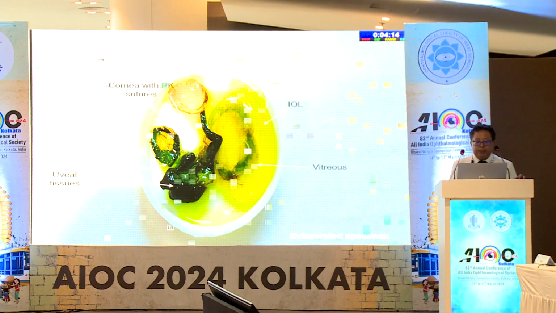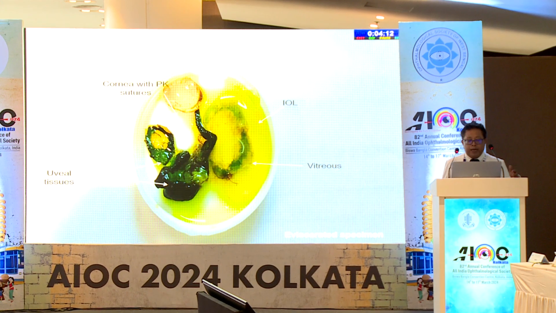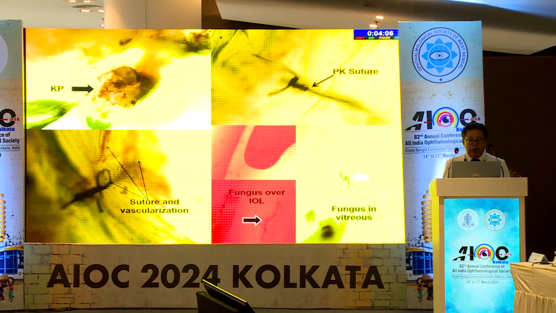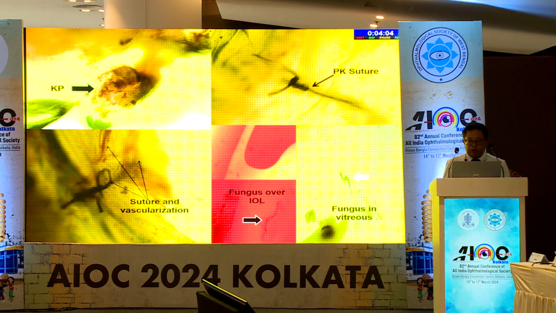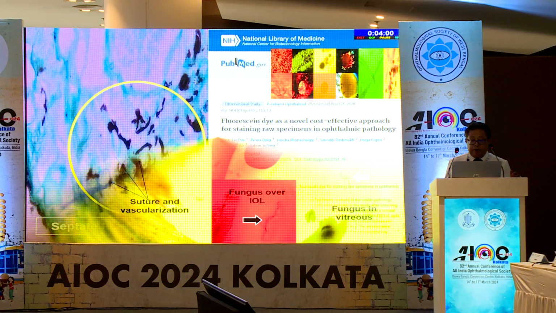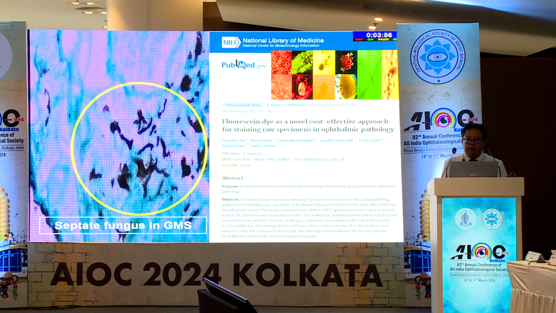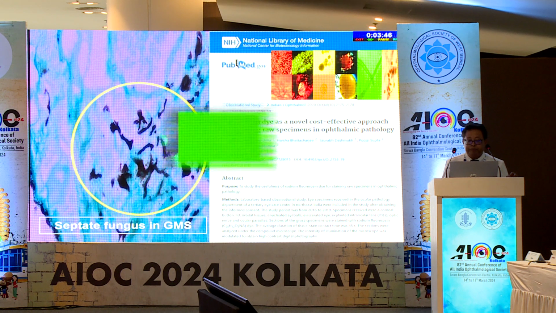Now again, a situation where a corneal ulcer with evisceration with all these in vitro fluorescent stain showed fungus over the cornea, lens, and also in the vitreous cavity. This we published as a fluorescent dye as a novel cost-effective approach for staining raw specimen in ophthalmic pathology, which were confirmed by conventional staining such as Grocott's methenamine silver staining.